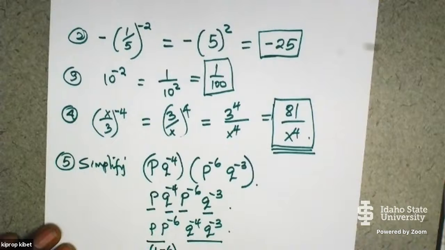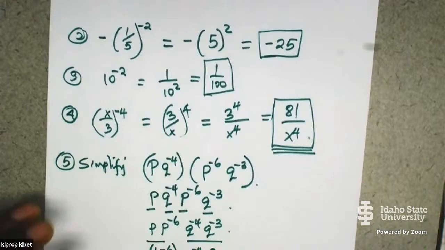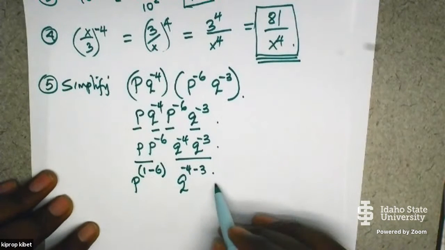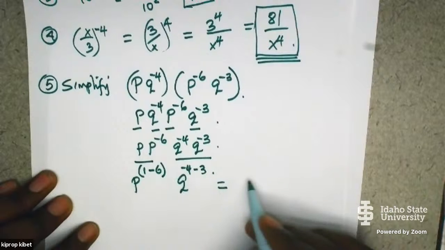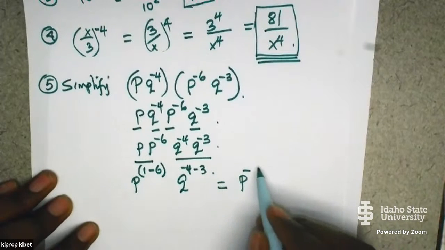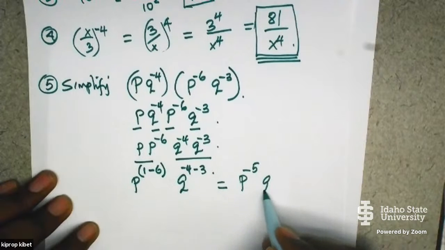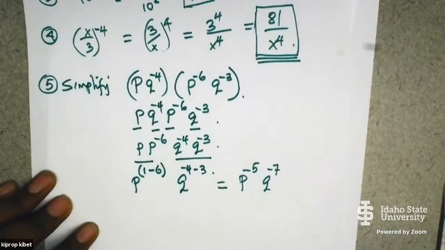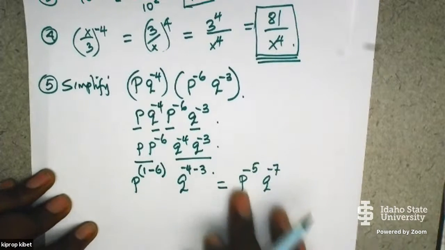And then q, this is minus 4 minus minus 3, which is minus 4. Finally, what do you get? P raised to minus 5, and then q raised to minus 7.